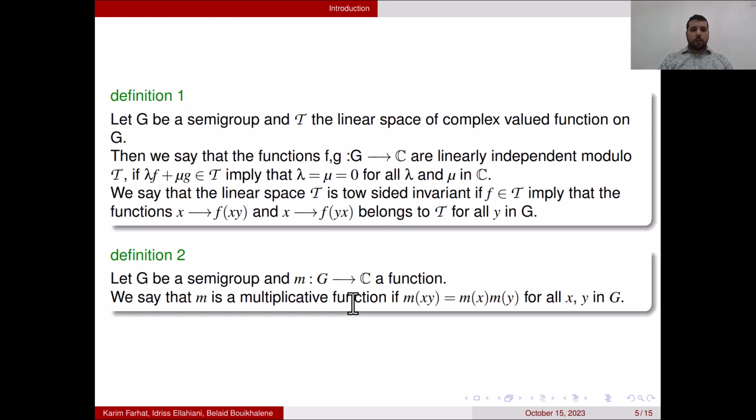To begin we need some definitions. Definition 1.